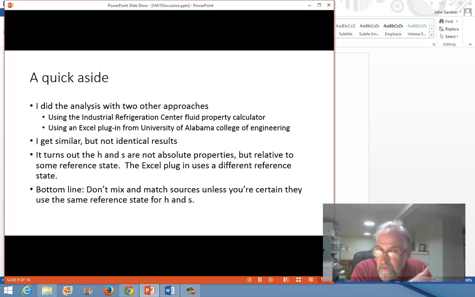It just used a different reference state. Since almost all the analysis are delta H's, H4 minus H1 or H2 minus H1, that doesn't matter. But you can't mix and match. You can't go to one source for some properties and then use another source for the others, because they may be at different reference states, and that'll totally screw up your analysis.